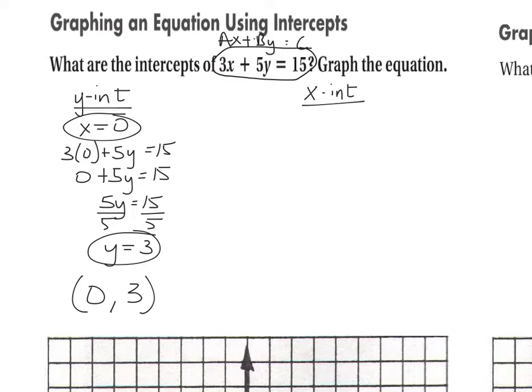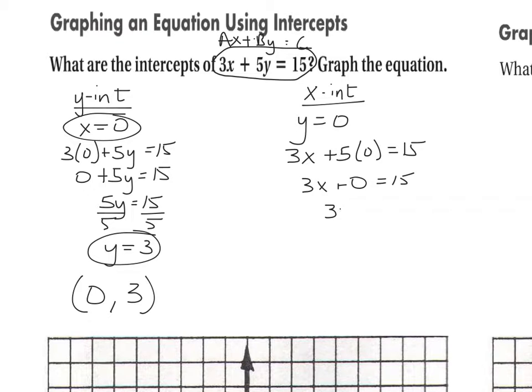To find the x-intercept, we're going to make y equal to 0. So when I plug this in, it's going to be 3x plus 5 times 0 equals 15. 5 times 0 is 0, and again, I don't need the 0 there because it's not going to affect anything.